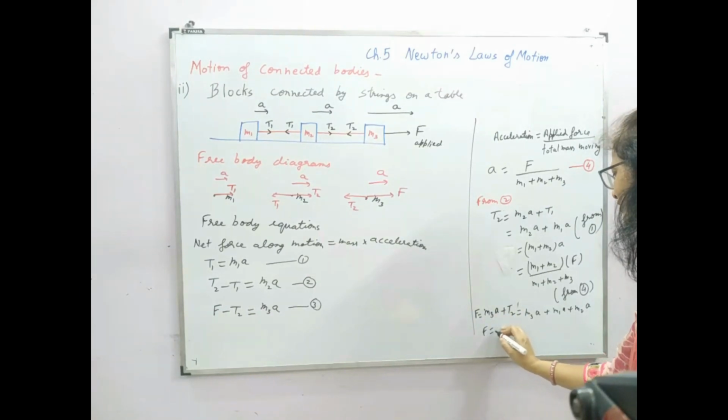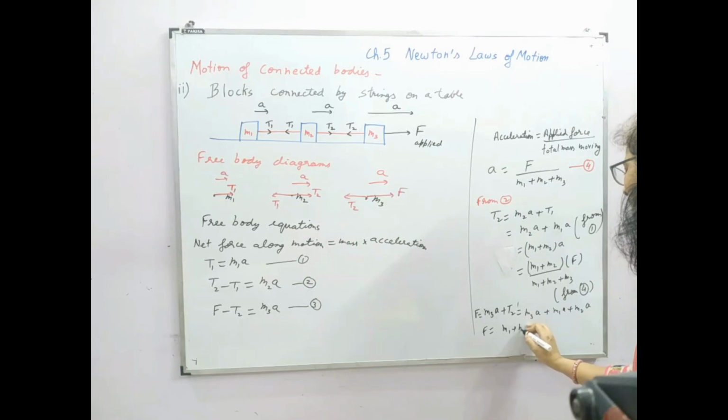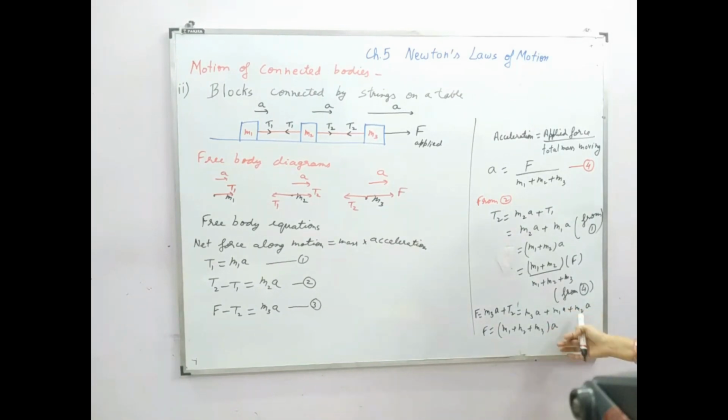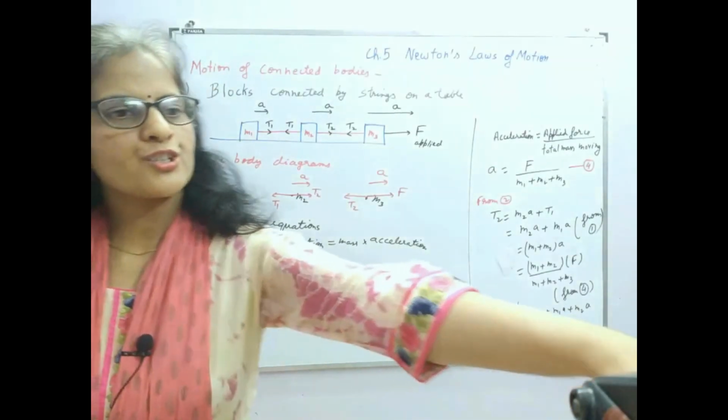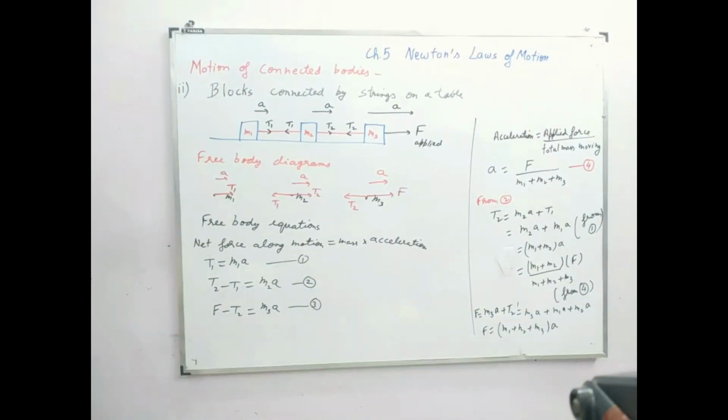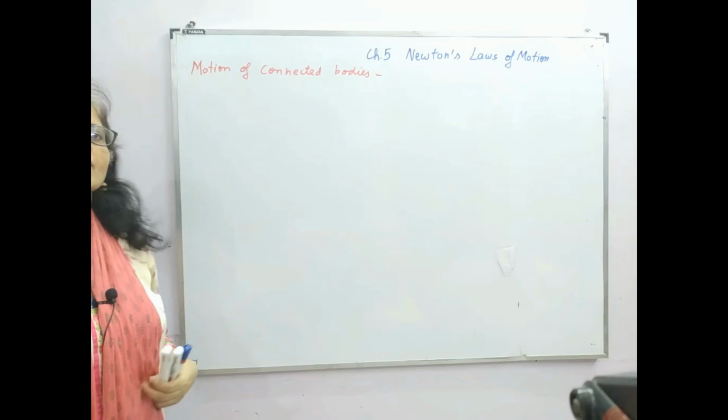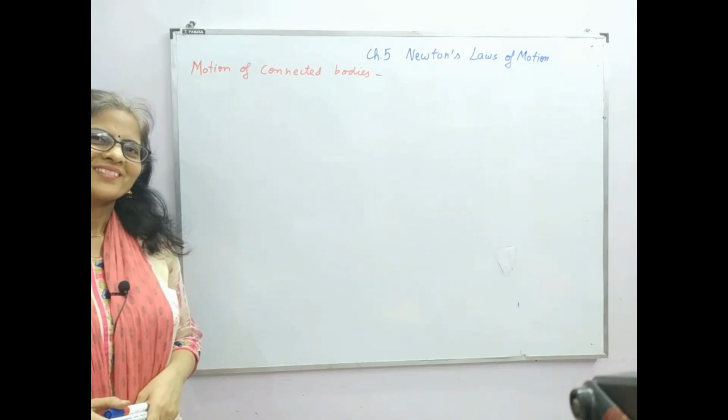So F is equal to M1 plus M2 plus M3 into A. From here you can get the formula which we have directly written over here. So this is all about the connected motion of the blocks on a horizontal surface. I hope you understood this. That's all for now. Have a nice day.